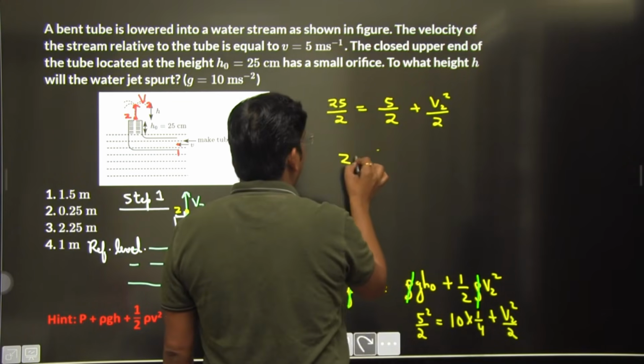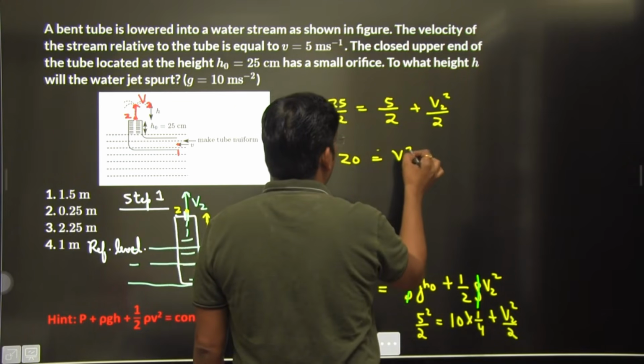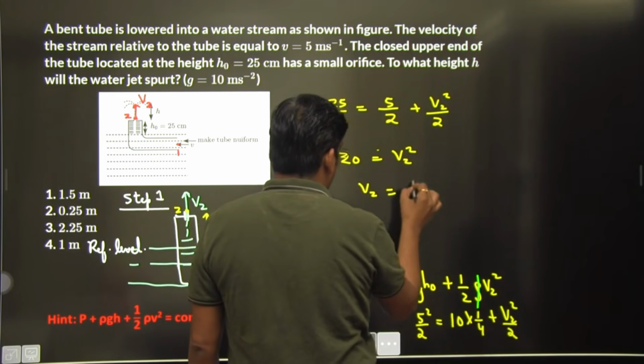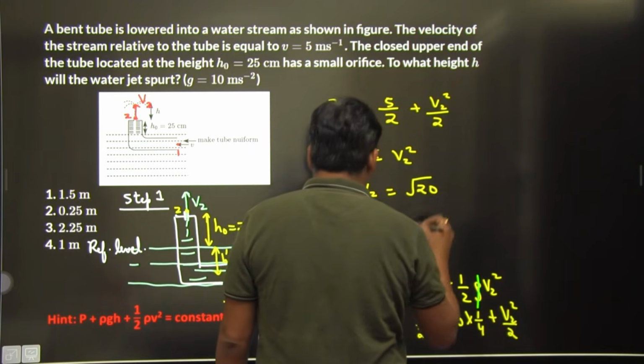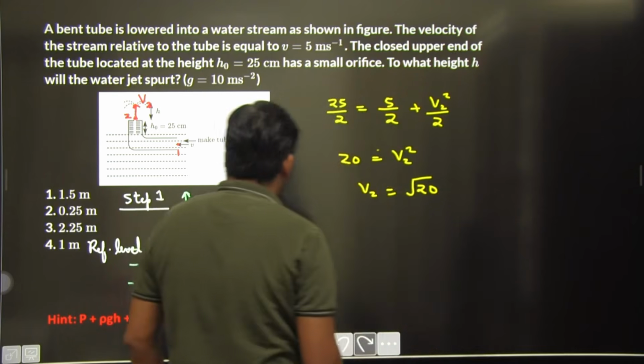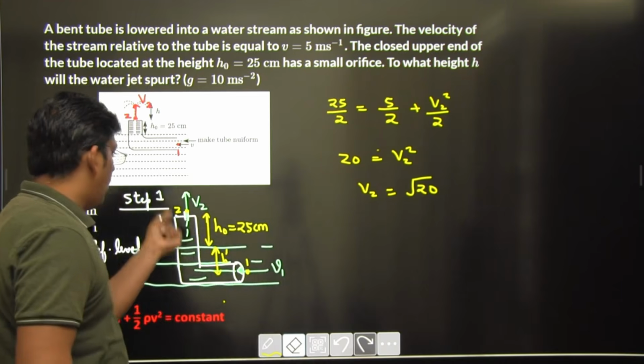Now this becomes 20 is equal to v2 square. Now v2 is equal to root 20. This was step 2 of the question. This is the velocity with which the liquid jet will emerge from this orifice.